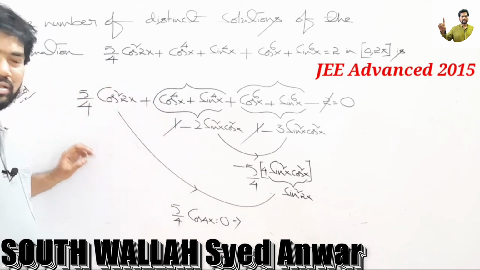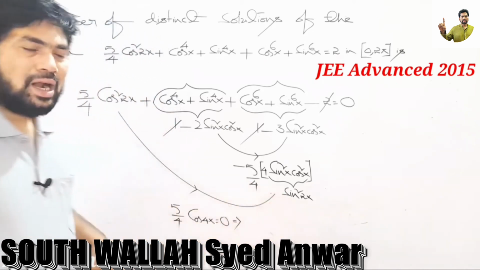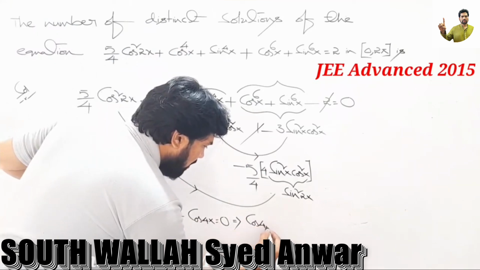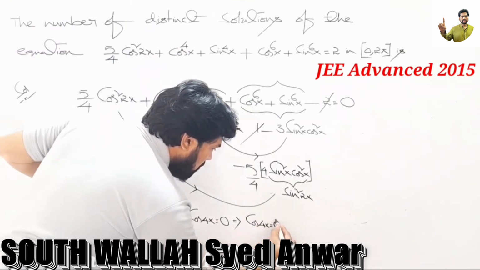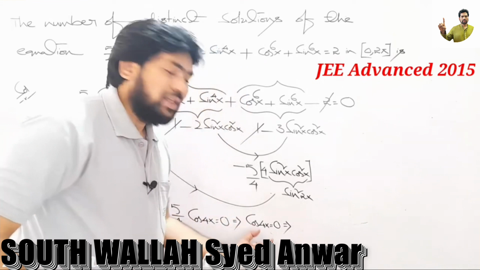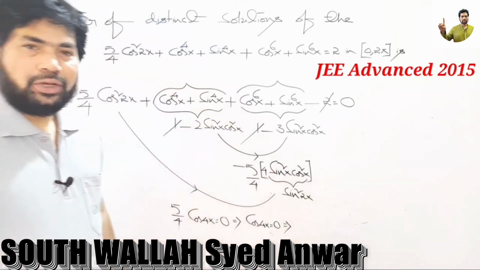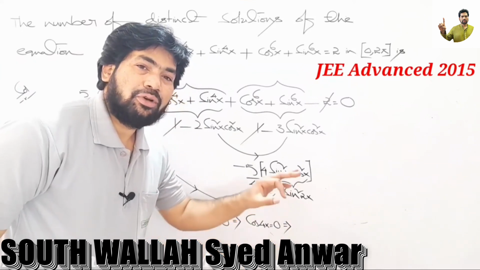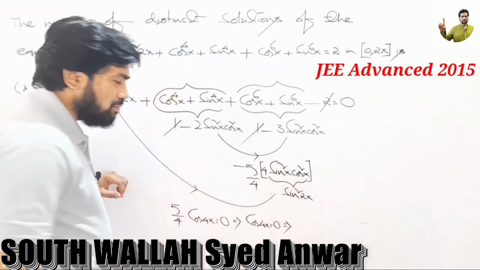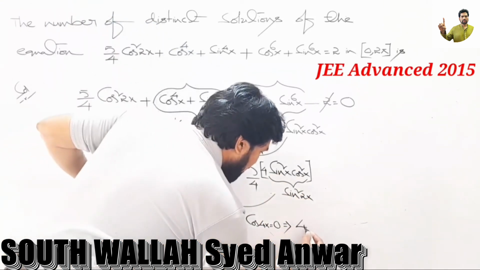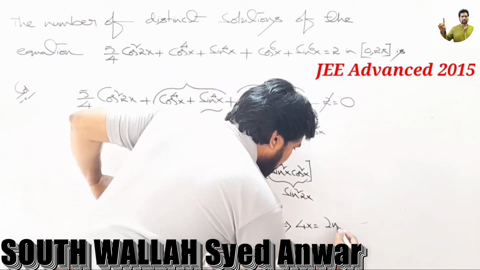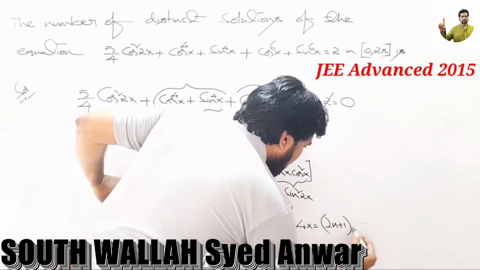So this implies the numerical value 5/4 cannot be equal to 0. Then cos 4x will be equal to 0. So this is of the form cos θ = 0. We know that cos θ is equal to 0 for all odd multiples of π/2. That means in place of θ we have 4x. 4x is equal to (2n+1)π/2.